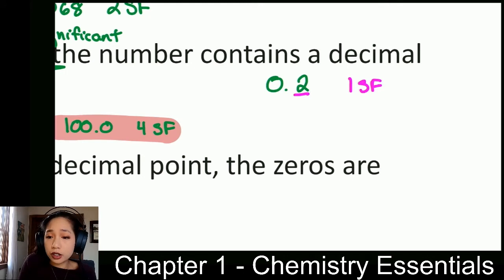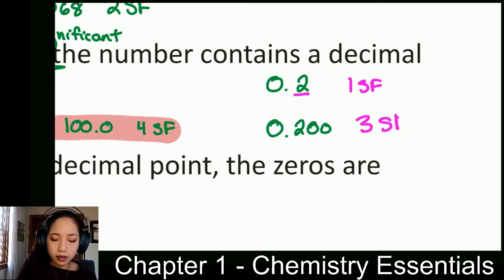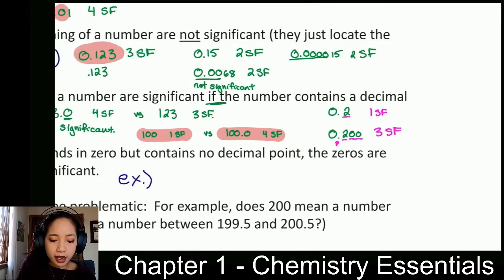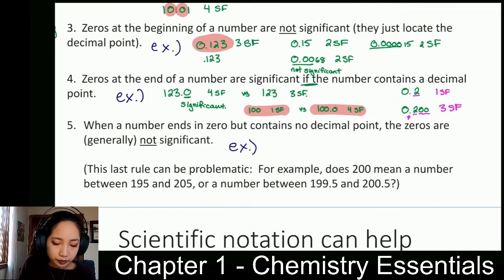But if I wanted to demonstrate better accuracy for whatever measurement I'm taking, if I wrote 0.200, because I took that time to write those extra zeros, as written, 0.200 has 3 sig figs. Because those 2 zeros at the end are significant because of the presence of that decimal place. So you can see how things can get a little bit confusing with zeros at the end of a decimal place.